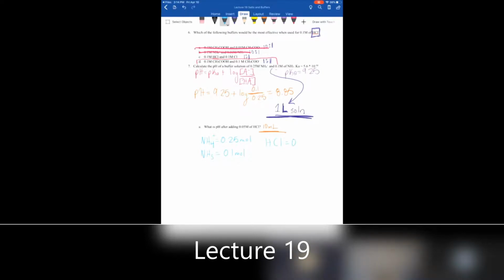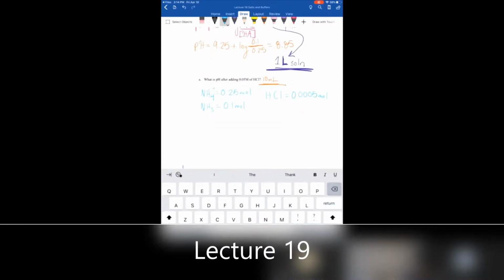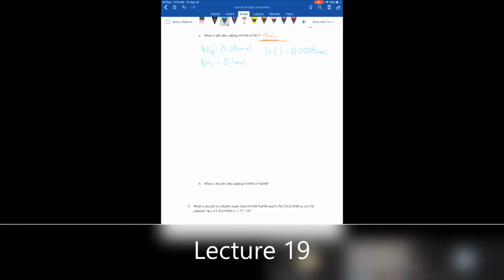Yeah. All right. So now set up your SRF table. The next most important thing is knowing what goes where. So what's your equation going to look like?